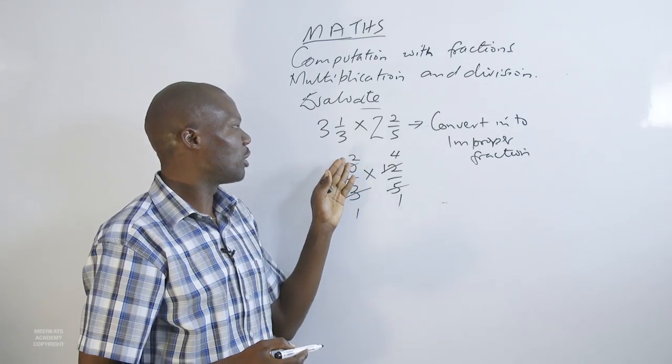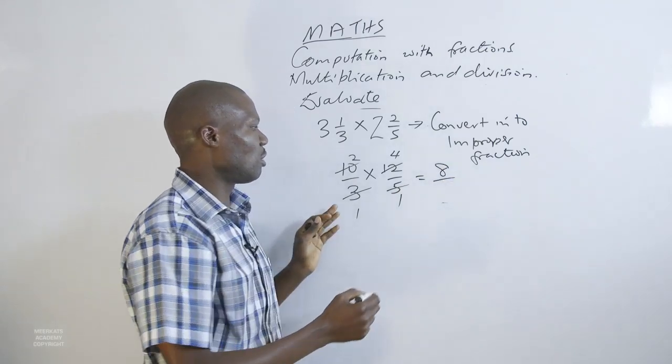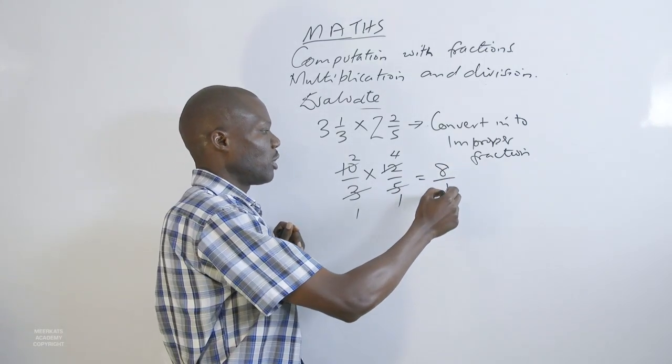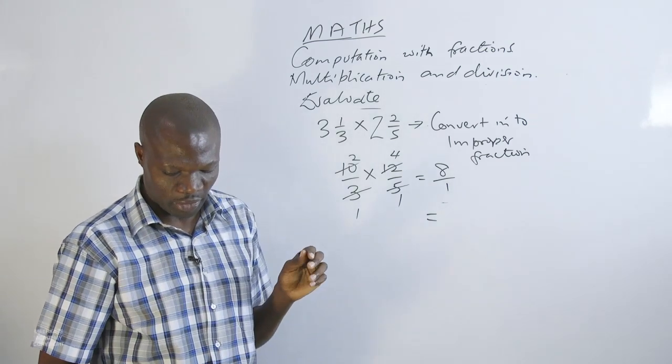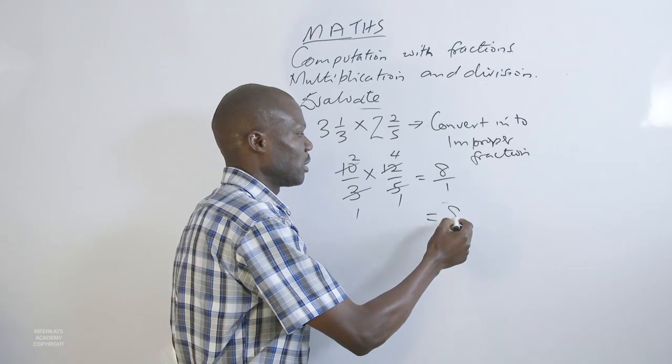So we remain with 2 times 4, which is 8, over 1 times 1, which is 1. So we can simplify it further and say 8 over 1 is the same as 8.